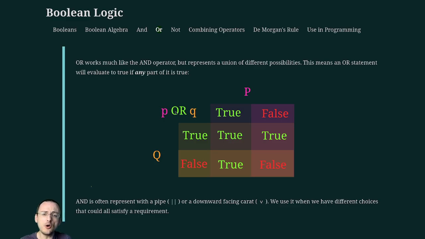So this OR is sort of the opposite of our AND. It's great for when we have different choices that could all satisfy a requirement. So the other thing to note is that OR is sometimes represented with a pipe or with a downward-facing caret. So if you see those, still the same thing. That is our OR operator.